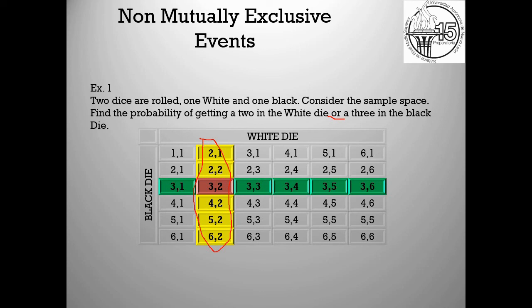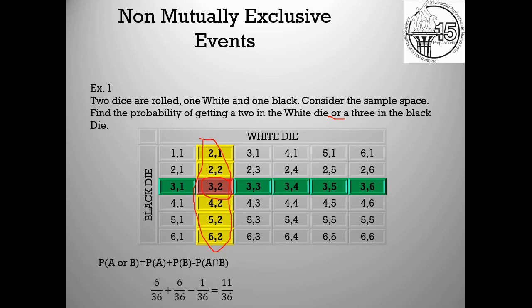So we can count all the possible results. We have 6 with the white die, and another 6. We do not count this one because we already counted it with the one die. So we will have 11 possible results out of 36.